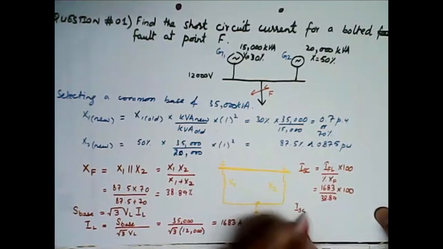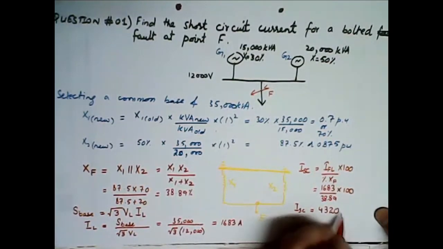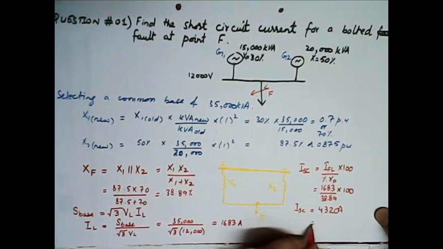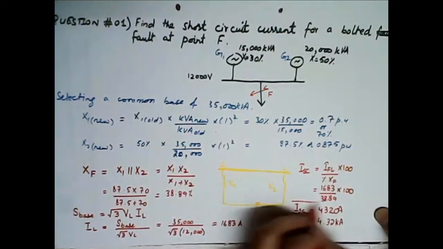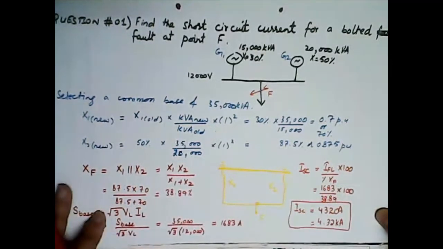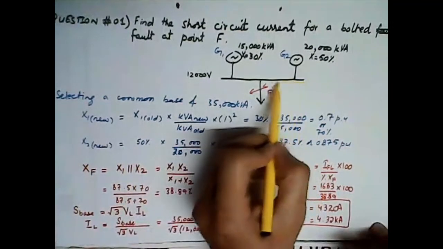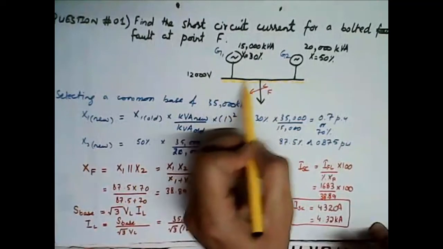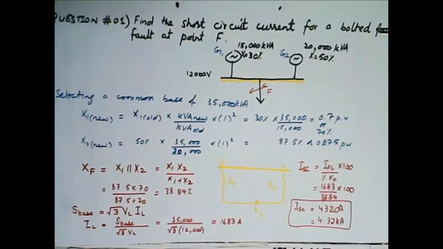So for a fault at point F, this short circuit current is equal to 4.32 kilo amperes. Now this short circuit current is very important. Why? Because this bus bar should be able to withstand this value of short circuit current, 4.32 kilo amperes, otherwise it will get broken.